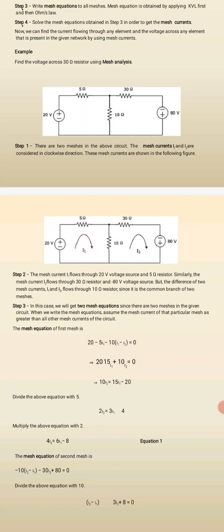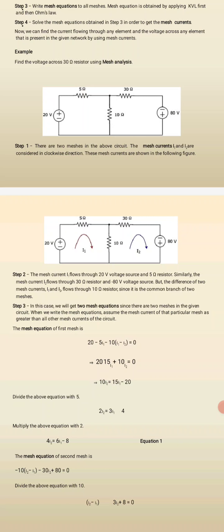Step 3, in this case we will get two mesh equations, since there are two meshes in the given circuit. According to the mesh equation, we can write 20 minus 5 I1 minus 10 (I1 minus I2) equal to 0, so that we can calculate the corresponding equation. We get the first equation, 4 I2 equal to 6 I1 minus 8.